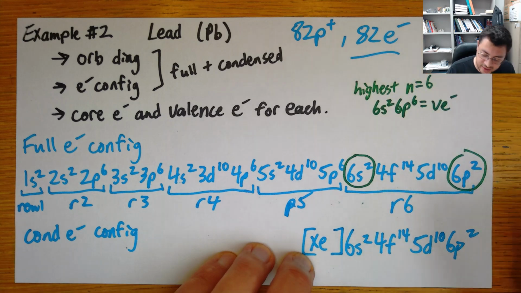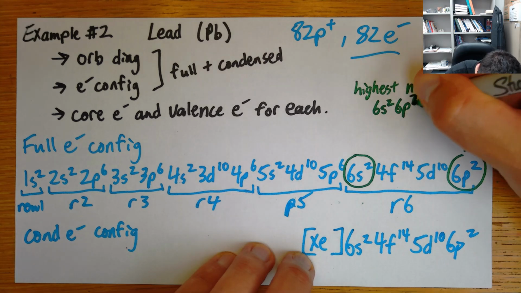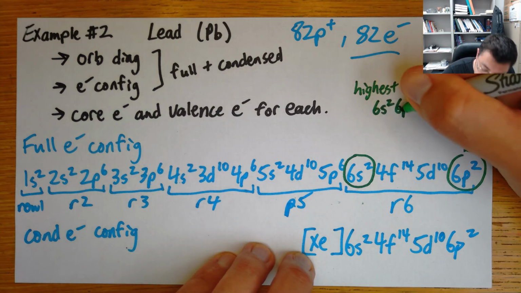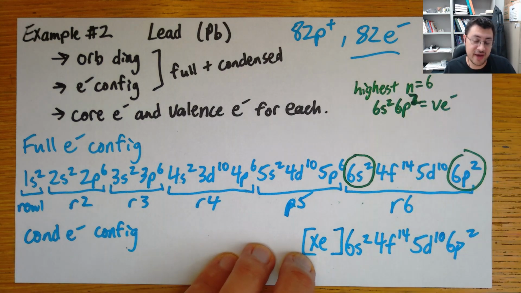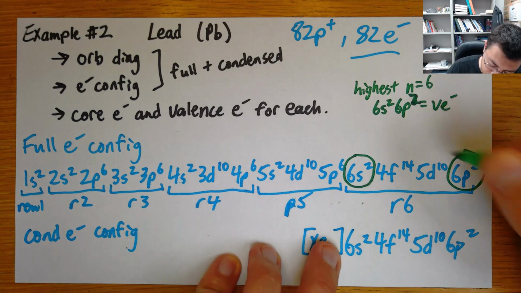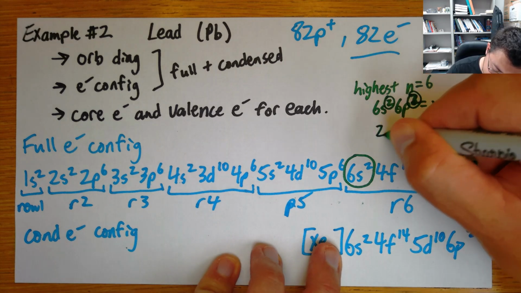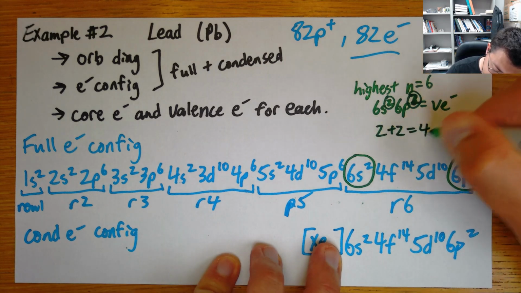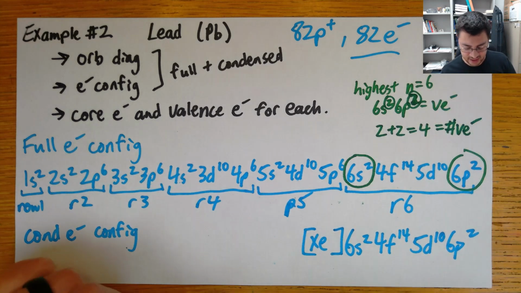That should be a 2. 6s2, 6p2. Those are our valence electrons. And if we were counting our number of valence electrons, it'd be that 2 plus that 2. 2 plus 2 equals 4 would be our number of valence electrons.